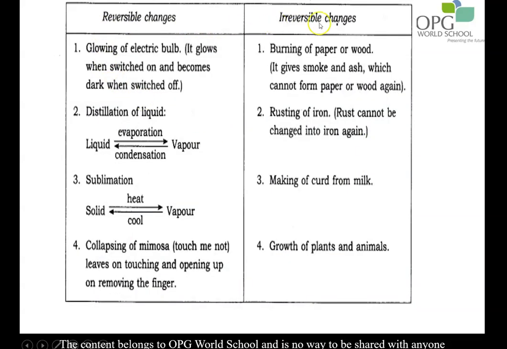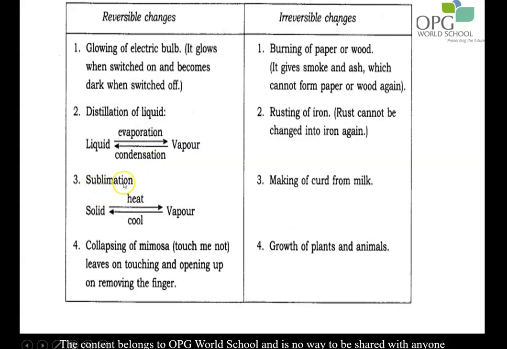Now let us see the difference between reversible and irreversible changes. Glowing of electric bulb is reversible because, as you know, you can switch on and off it whenever you want. In distillation, we got vapors from liquid by evaporation and condensation.